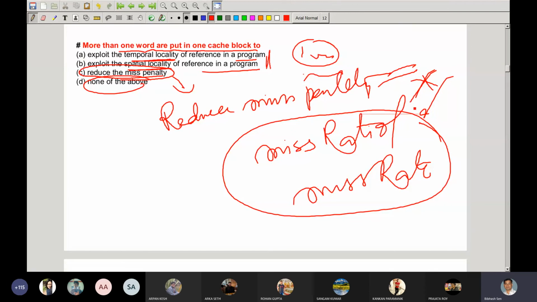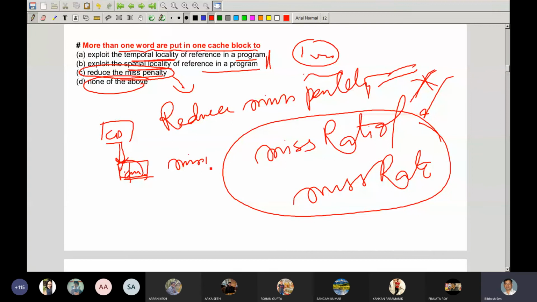Is it clear? Miss ratio and miss rate are almost the same, but miss penalty and miss ratio are not the same. Why not? Suppose the CPU is accessing the cache memory, and the page is not found in the cache. That counts as a miss.